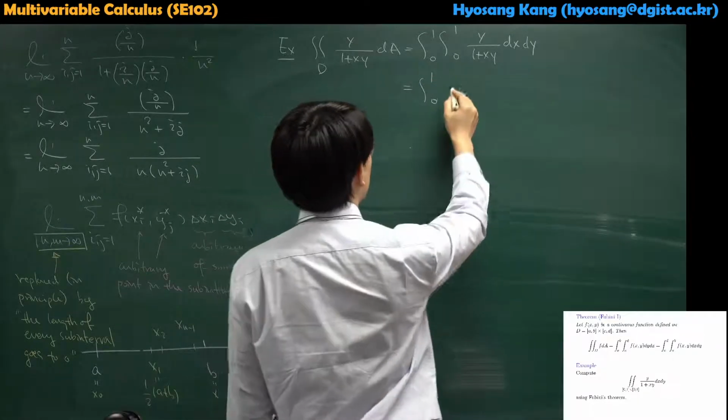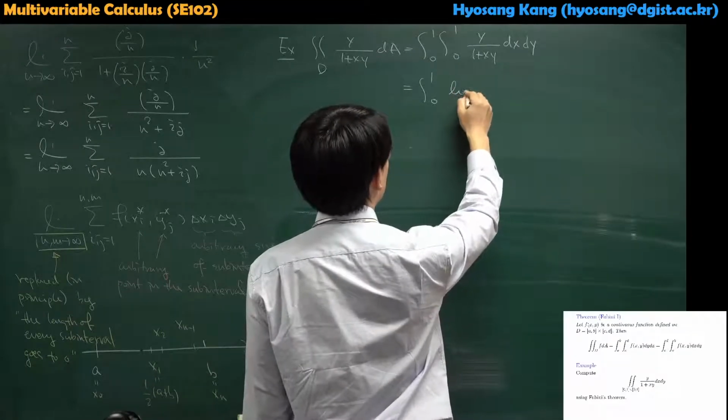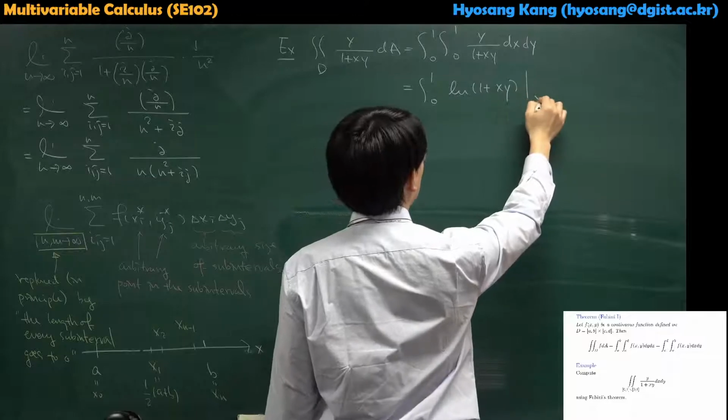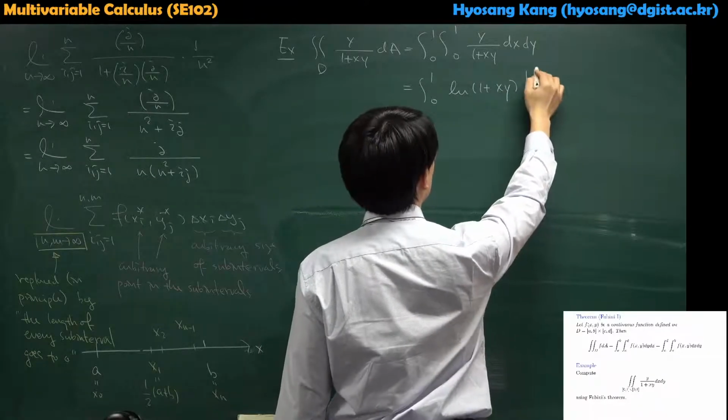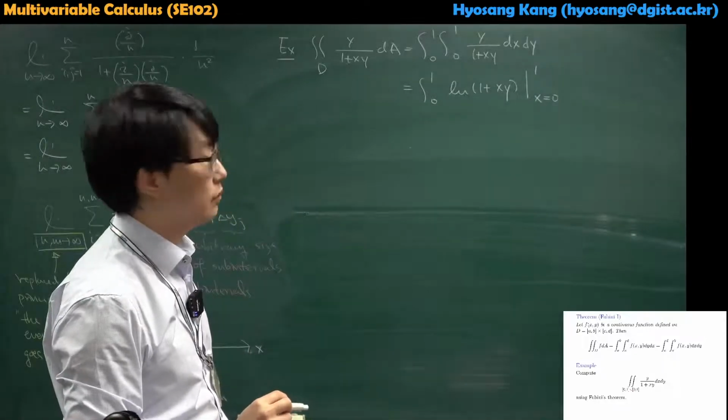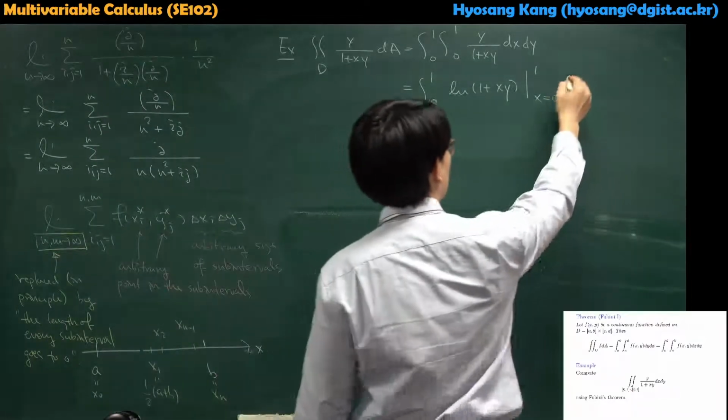So this becomes ln(1 plus xy) with x from 0 to 1, over dy.